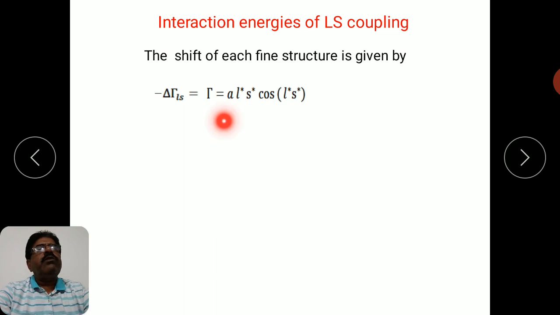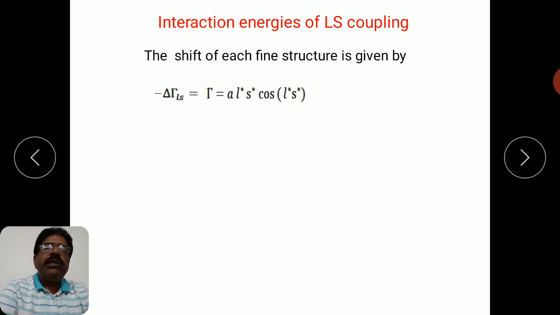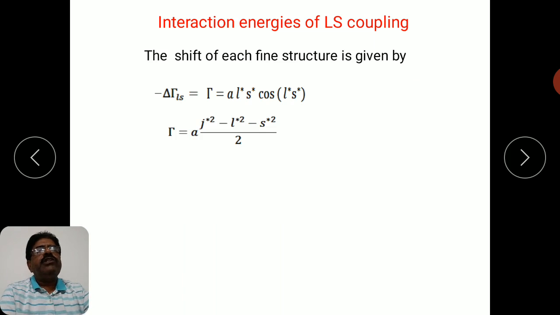This particular term shift represented by gamma gives you the fine structure, and this fine structure is a change in energy because of the interaction energy involved among these different momenta. In this equation we already derived, the term shift equals a L star S star cos of L star S star, and by the cosine law, that can be replaced by J star square minus L star square minus S star square divided by 2.